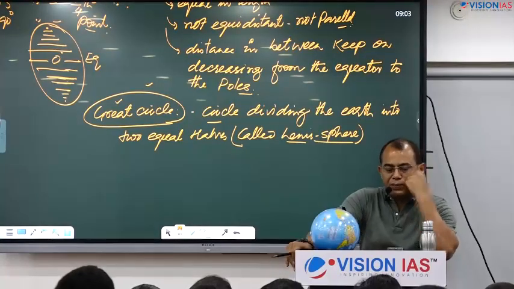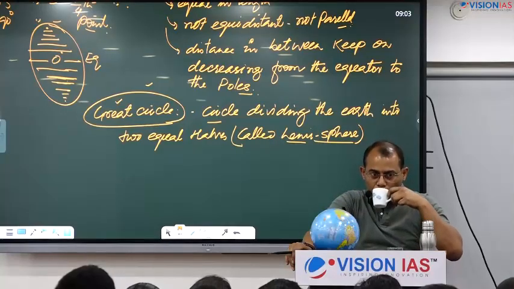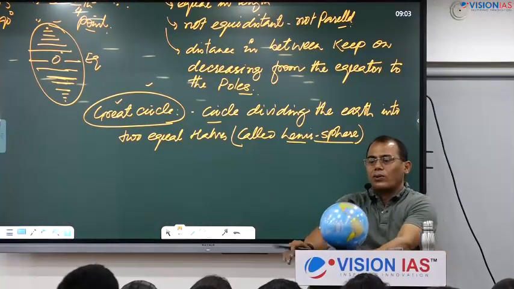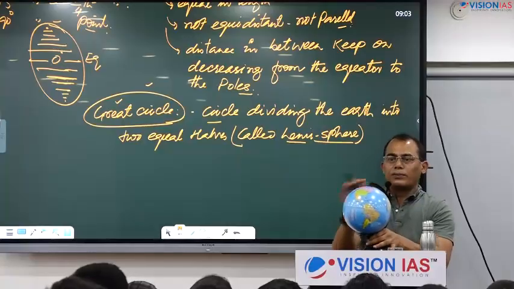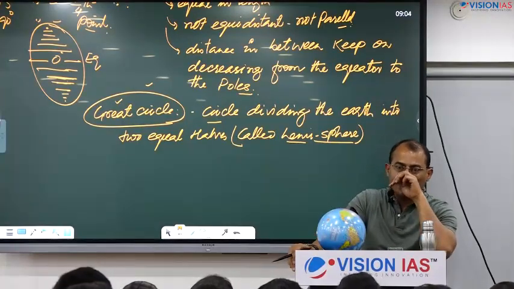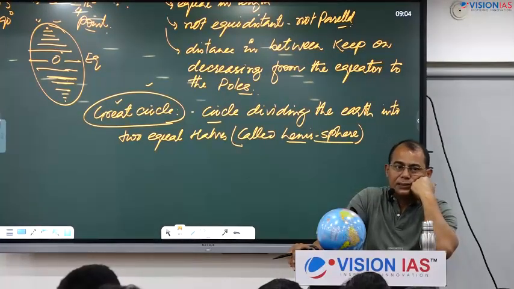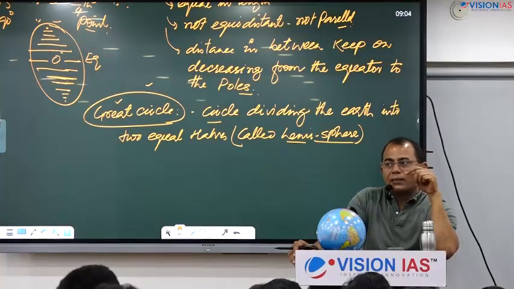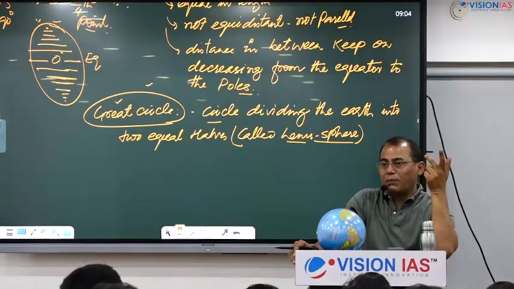All the longitudes are part of a great circle. That's true, right? Among the latitudes, only the equator is the great circle. What is a great circle? Which divides the earth into two equal halves, and we call it hemisphere.